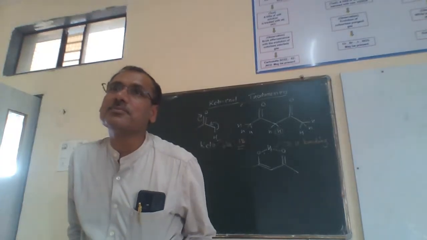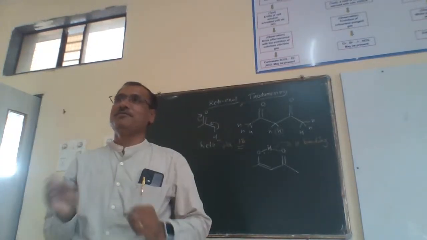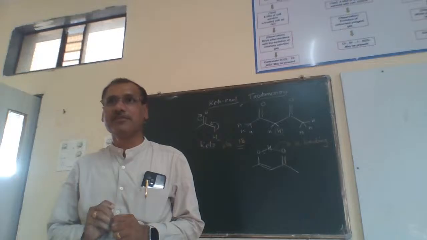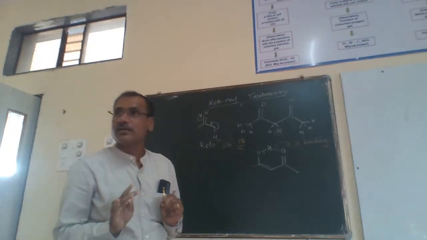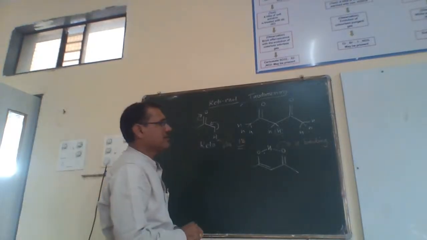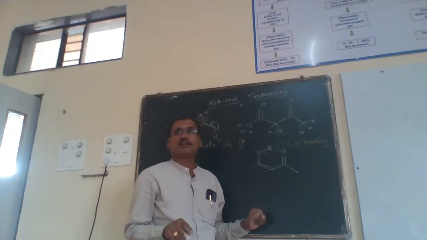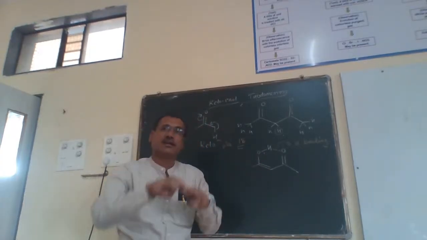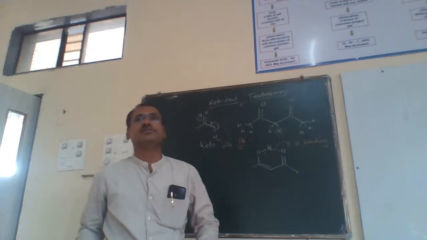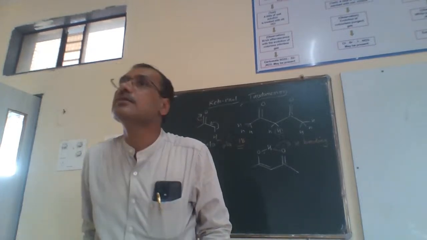And this hydrogen bonding makes this molecule very, very stable. Got it? So, if there is a possibility that when enol formation takes place your enol form gets stabilization because of hydrogen bonding, then the equilibrium shifts toward the enol.